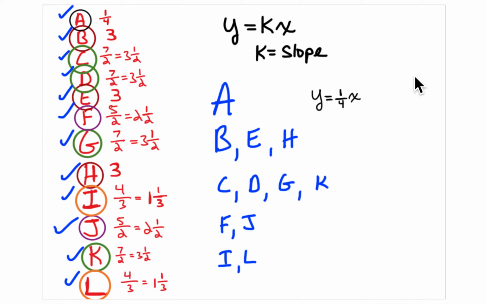So the value of y is 1/4 the value of x. So this is longer, it's a higher value. And again, get away from talking about longer, just think about the values of it. The value along the y-axis is 1/4 the value along the x-axis.